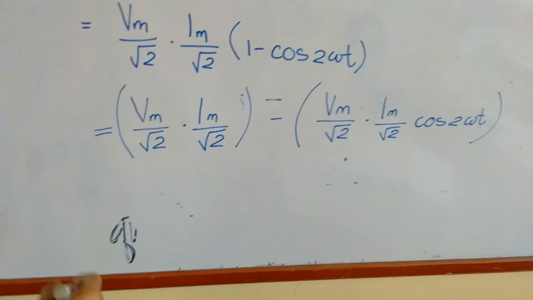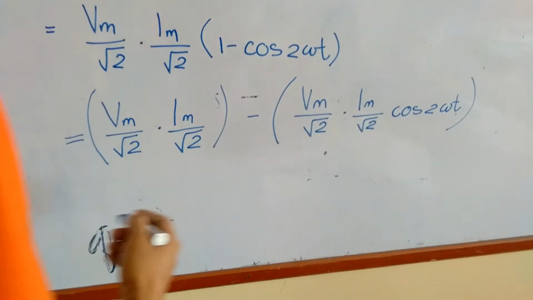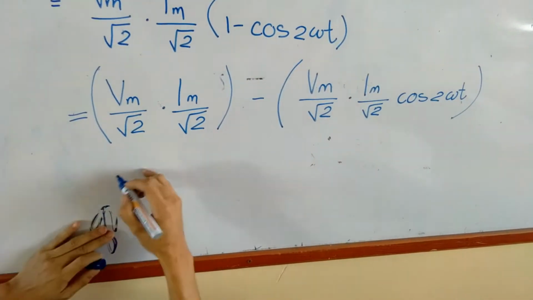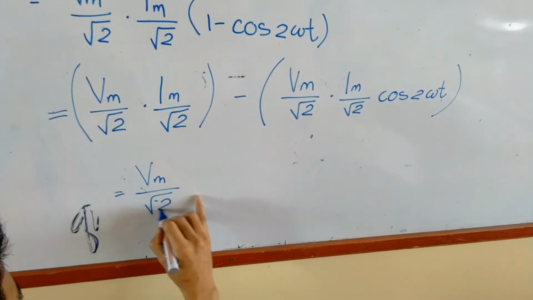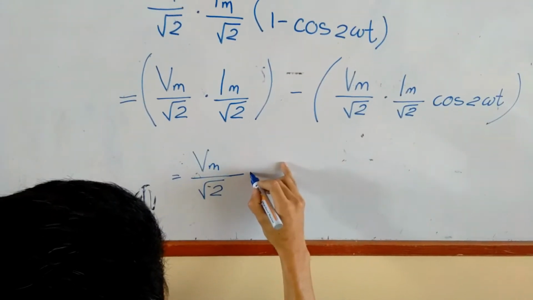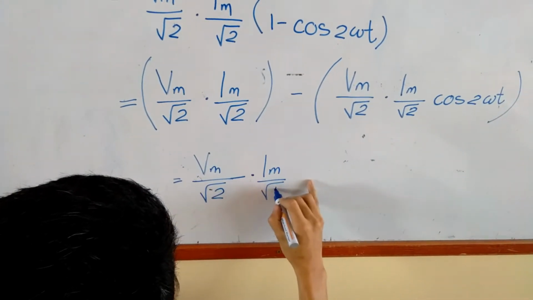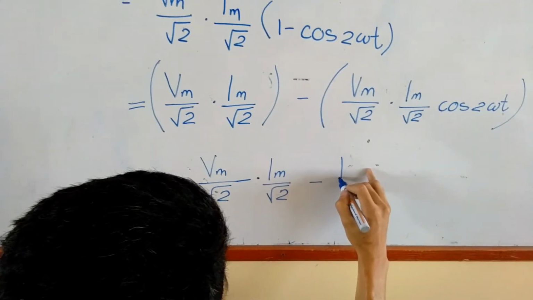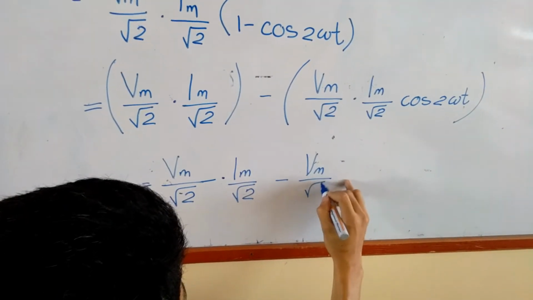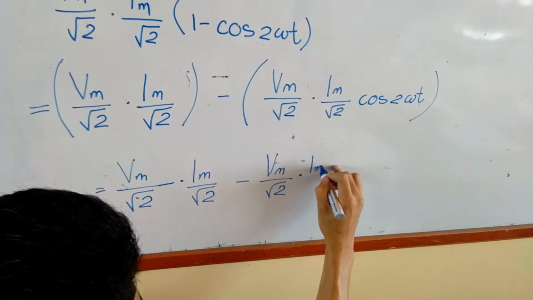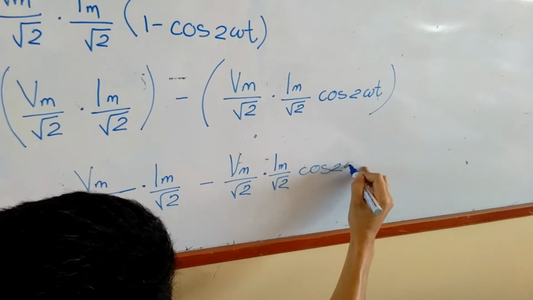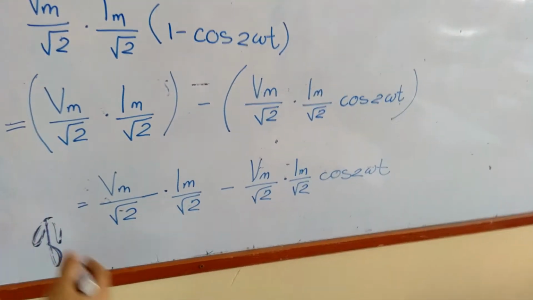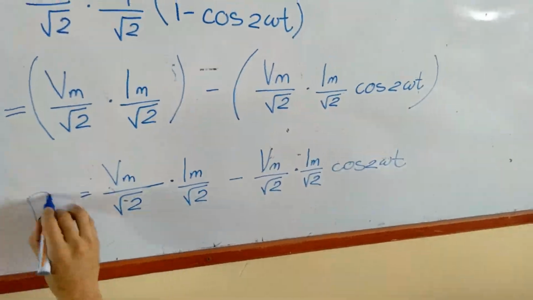We simplify to cancel out the parentheses. So this is the formula for finding the power in a purely resistive circuit.